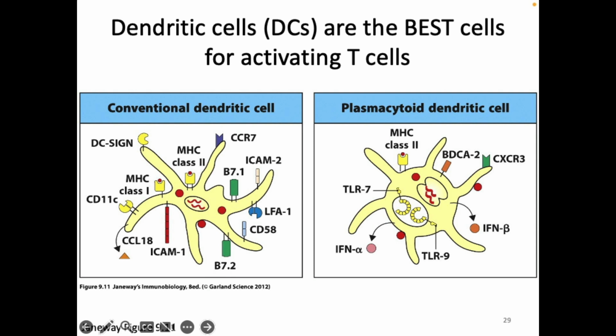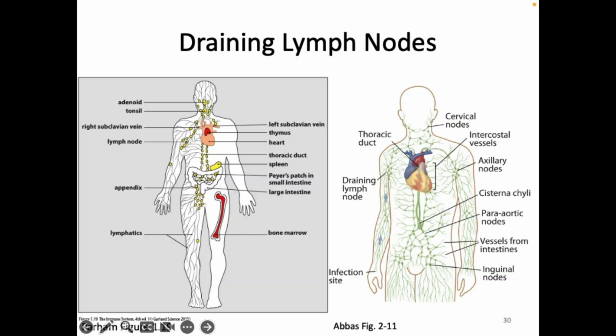And so that dendritic cell will go to whatever lymph node is the draining lymph node for that location in the body. So basically the dendritic cell is going to be hanging out somewhere in the body. It's going to pick up antigen and it's going to go to whatever the nearest lymph node is.